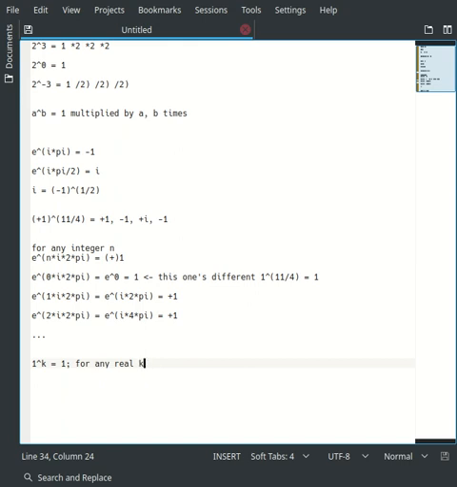And the other one, positive 1 to the k, always has positive 1 as a solution for any real k. I've never seen this mentioned, ever, but it's definitely true.